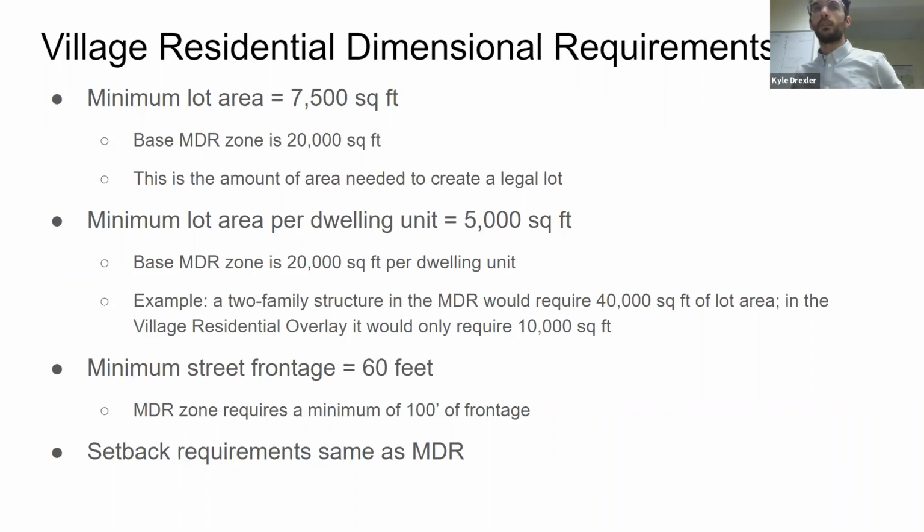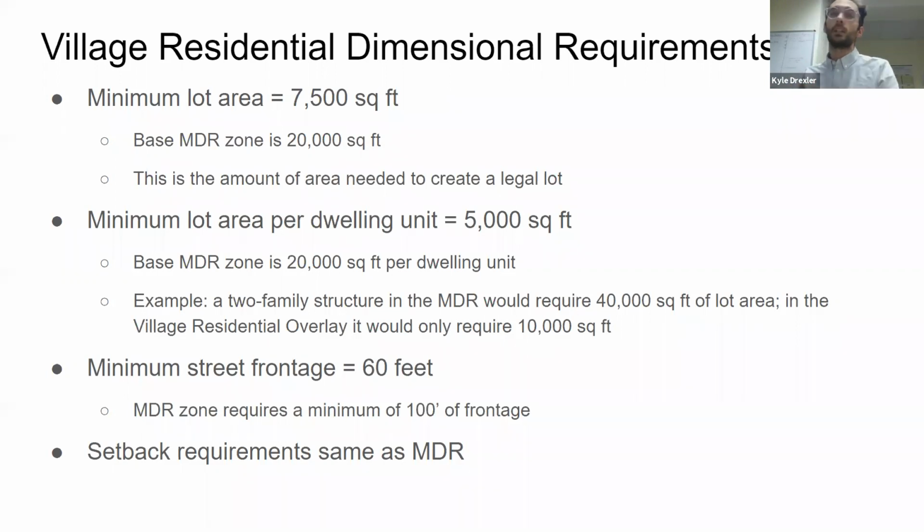You'd have to convert the 2-family back to a single family so that it became a legal lot again. Because if you wanted to sell the 2-family to someone who's going to rent out both units, that wouldn't meet the standards anymore, and it would no longer be considered a legal lot.